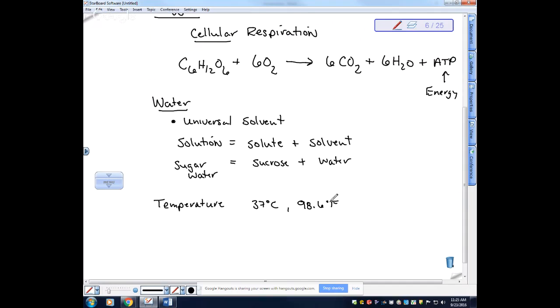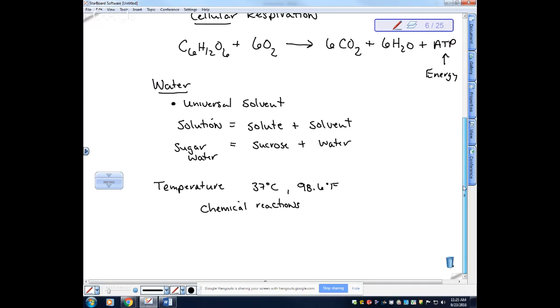The importance of temperature is that these chemical reactions, this metabolism that occurs in our body at all times, including cellular respiration, must take place at a particular temperature. So they occur best at a certain temperature.